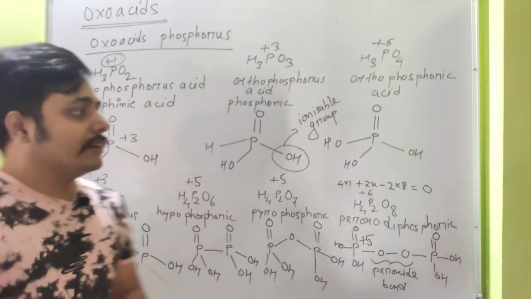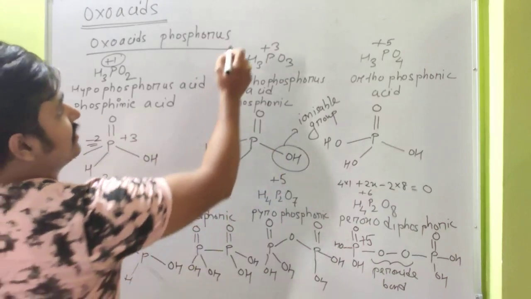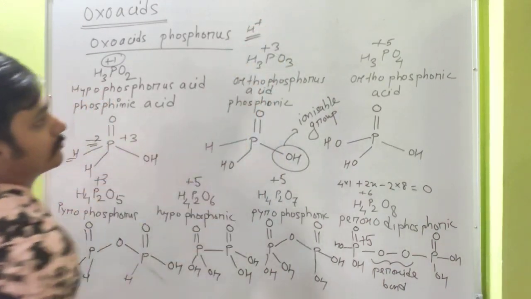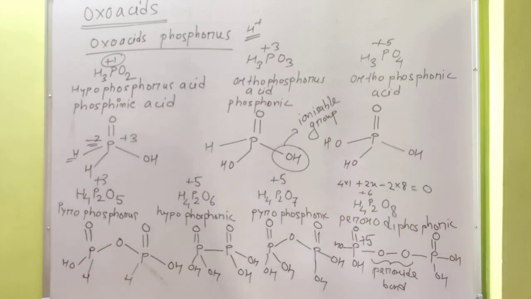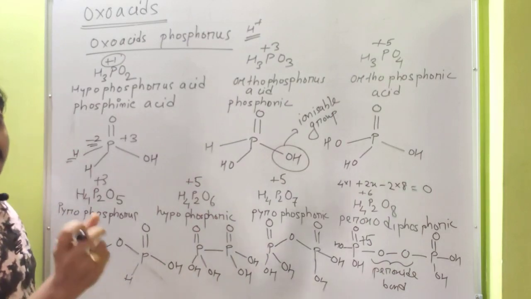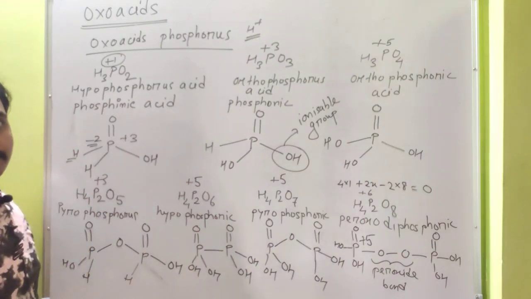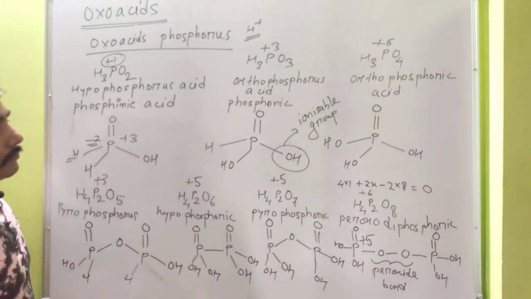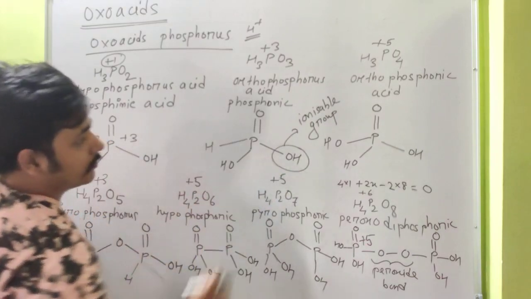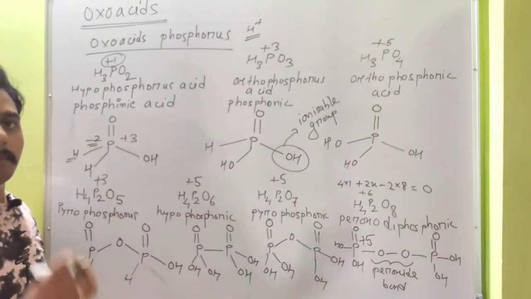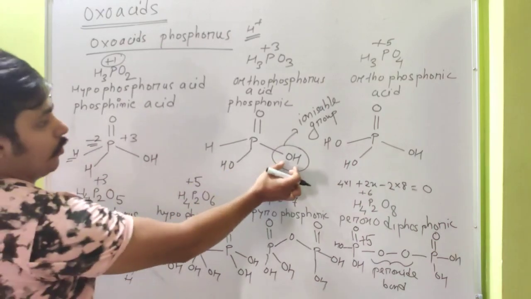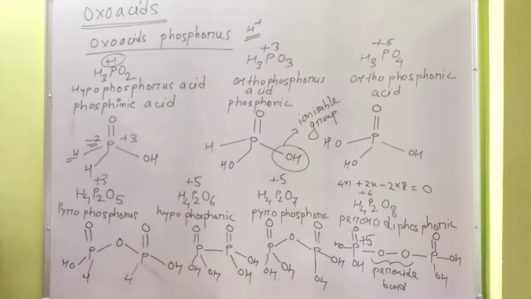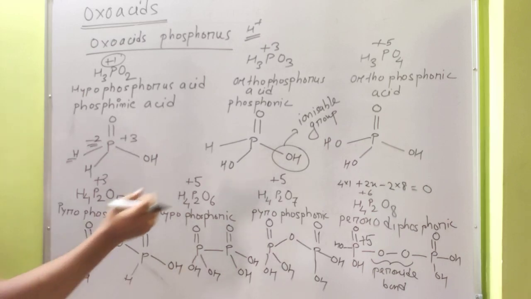Ionizable group means this group can release H plus ion. That's why it is an oxoacid. This group represents the basicity of a compound. As there are 2 OH groups present, the basicity of this compound is 2.